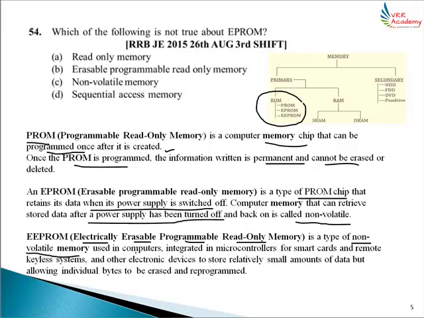Used in computers, integrated in microcontrollers, for smart cards, remote keyless systems and other electronic devices. It stores a relatively small amount of data, a very small amount of data will be stored in the EEPROM. It allows individual bytes to be erased and reprogrammed.